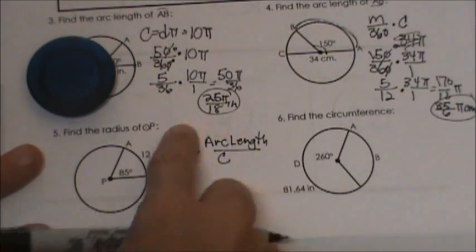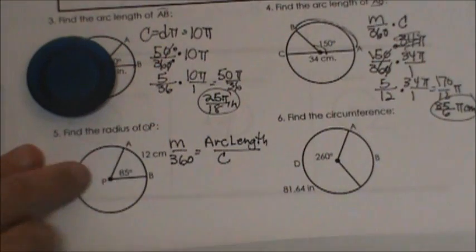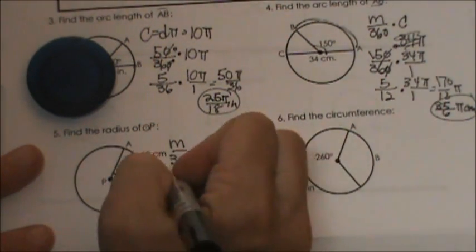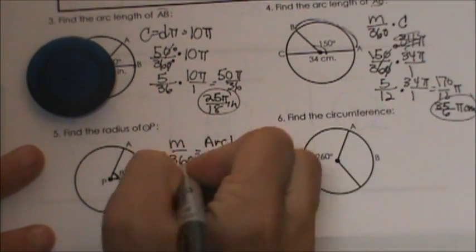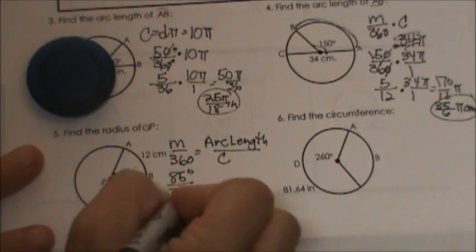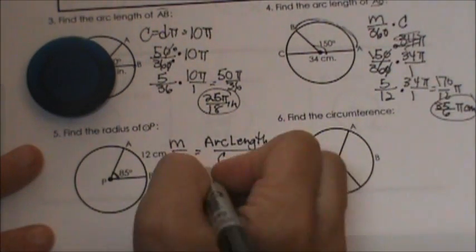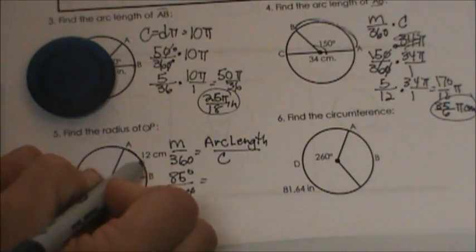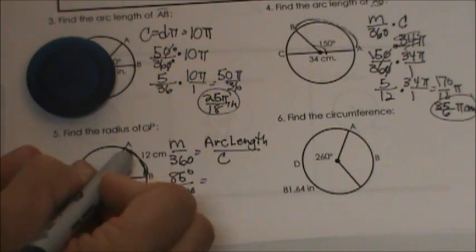Okay, so let's try this one. So what's the measure of this problem? Well, the measure of the angle is 85 degrees. So this is just the central angle over 360. So see how that's just a fraction of that circle equals arc length over circumference. Well, the arc length is given to us as 12, right?